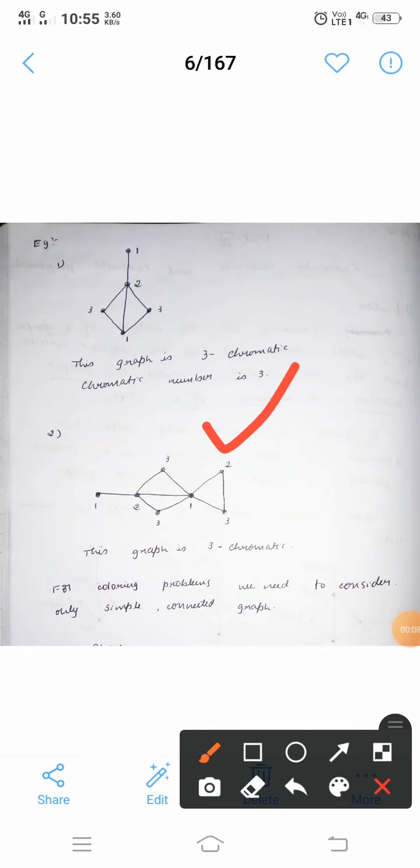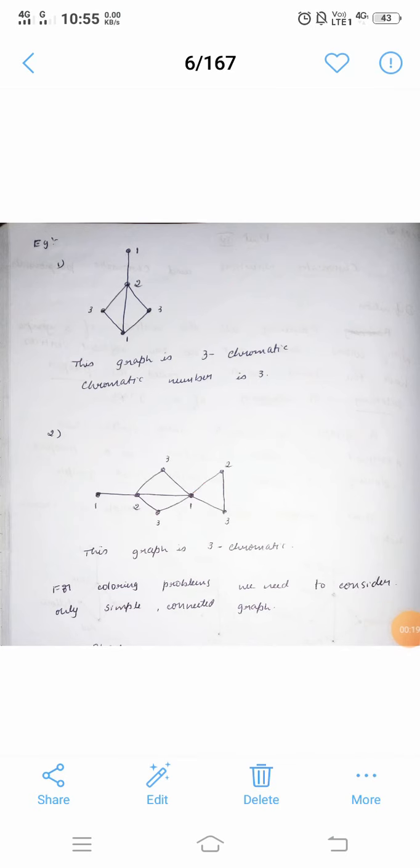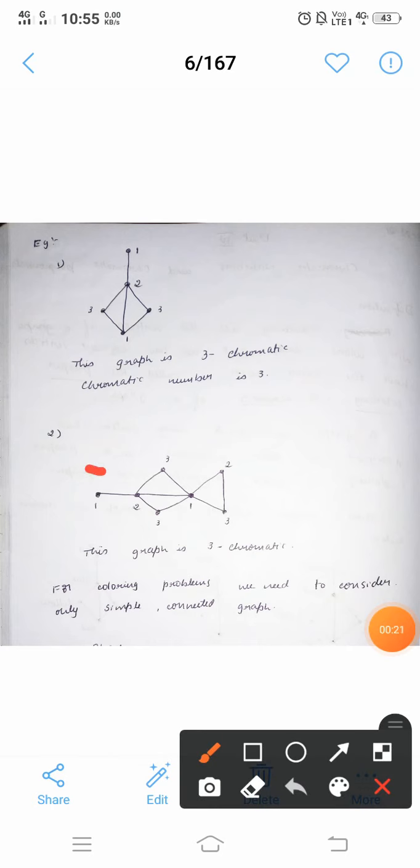Example. This is also an extension of this graph. A circuit is added here. I painted with color 1, the second, adjacent vertex with color 2. Here I can paint with 1.